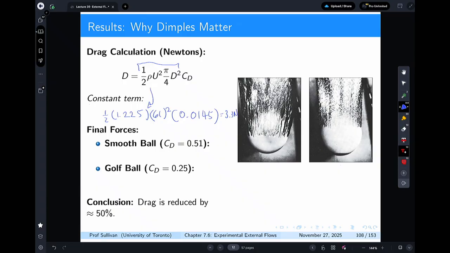If I put in the C sub D, I get 1.68 newtons for the smooth ball, and for a golf ball, 0.83 newtons. So that's why you're getting the much longer drive length with a golf ball. That's why we've gone through all of this effort to design these things to make them work better under different circumstances.